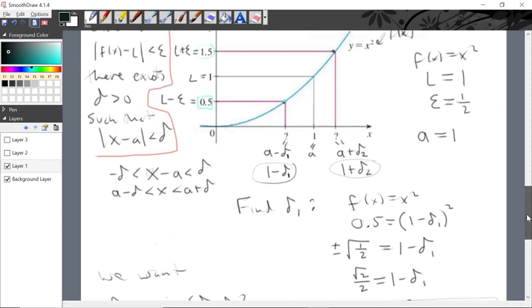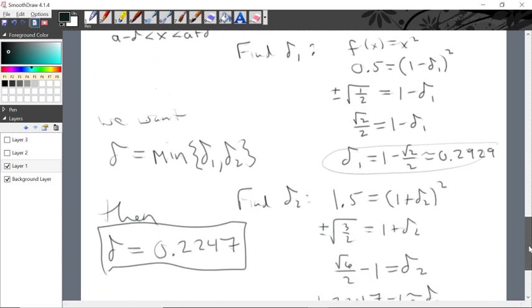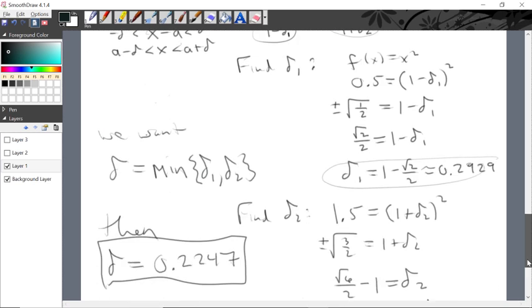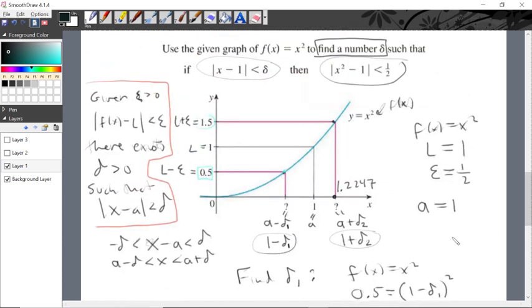So, in other words, what we're saying is, geometrically, we're allowed to go to the right as far as 1.2247, which was actually this value right here, or we're allowing ourselves to go to the left no more than a distance of 0.2247 to the left of 1. So 1 minus 0.2247 means we're going as far as 0.7753.